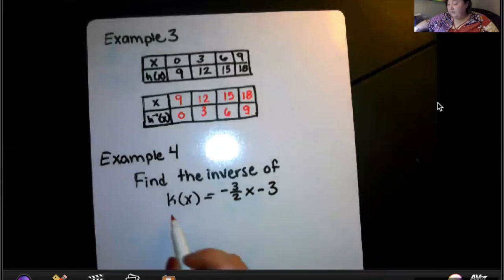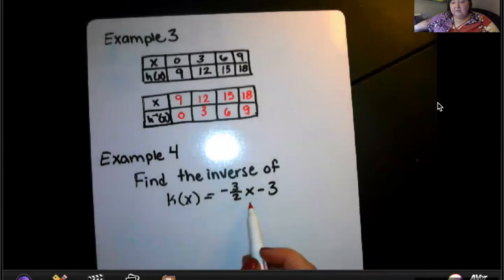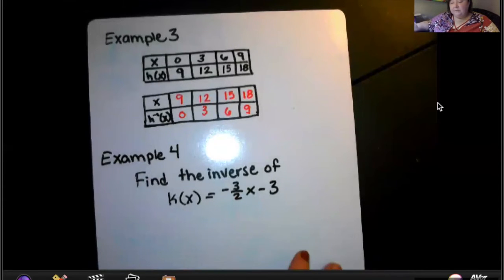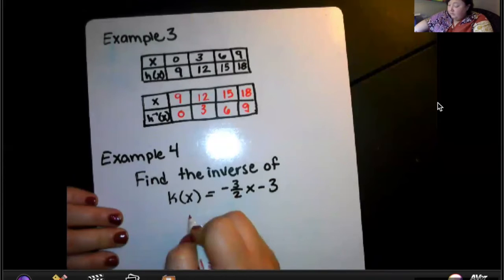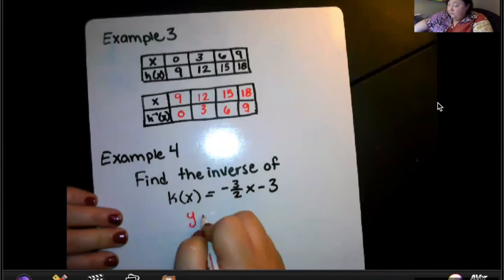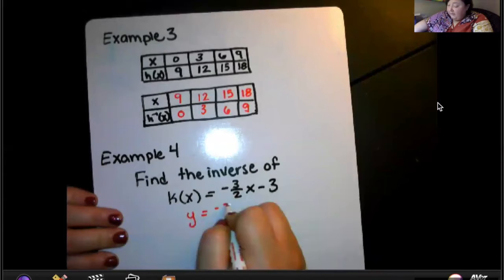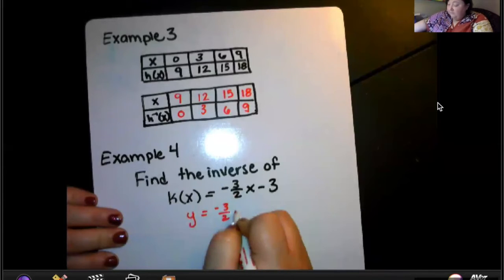Now for our final example, a little more challenging, it says find the inverse of k of x equals -3 over 2 times x minus 3. Our whole process here has been to switch x and y. So I'm going to rewrite this function as y equals -3 halves x minus 3.